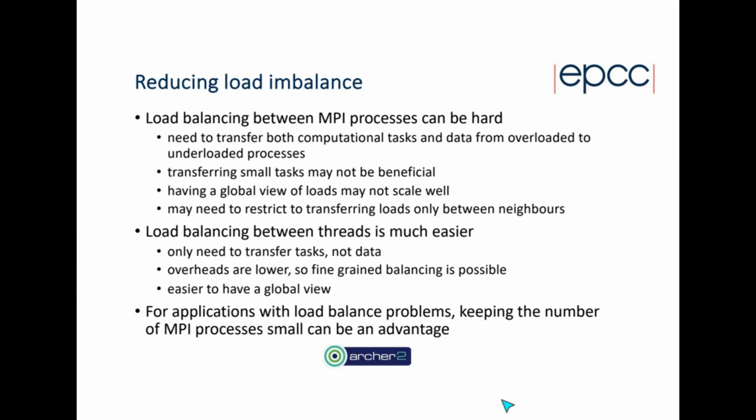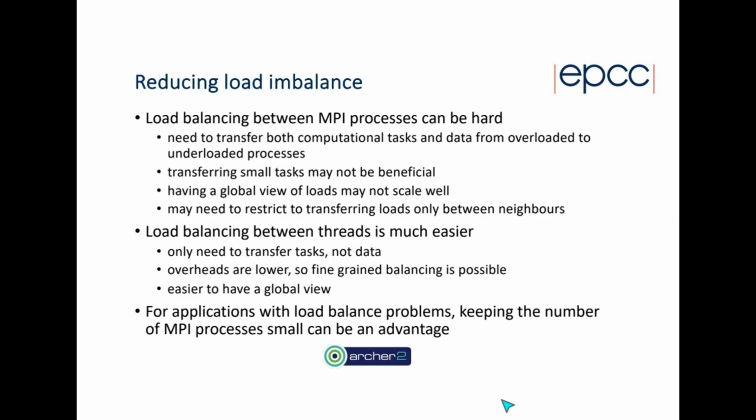So what does that mean? Well, it means that we're not going to completely get rid of our MPI load balancing problem, but for applications that do have load balancing problems, keeping the number of MPI processes as small as we can be is an advantage.